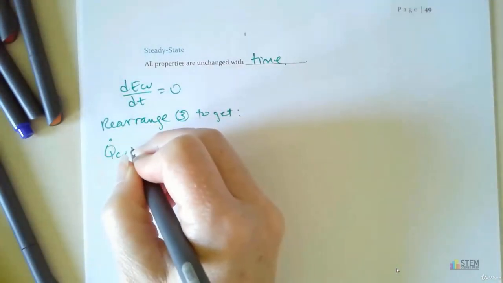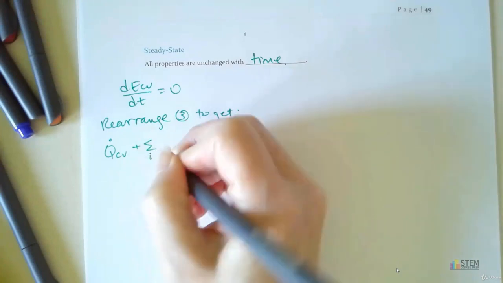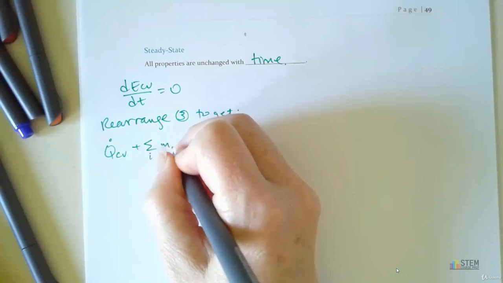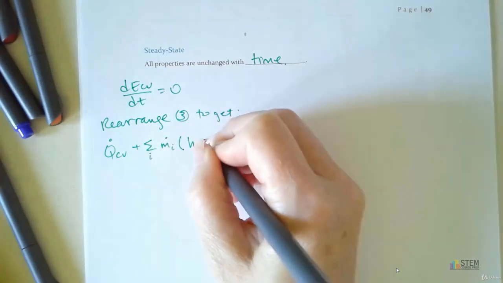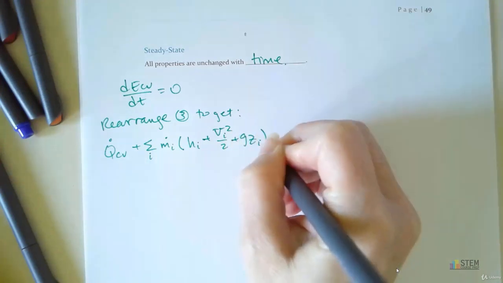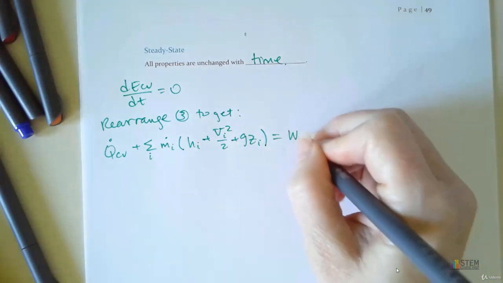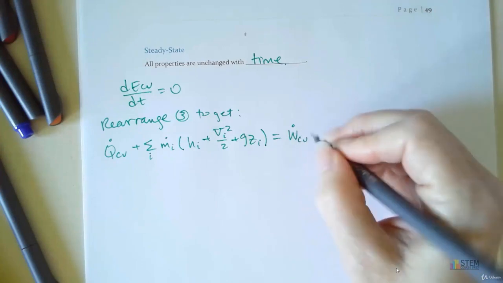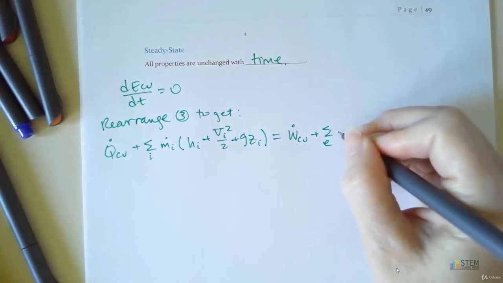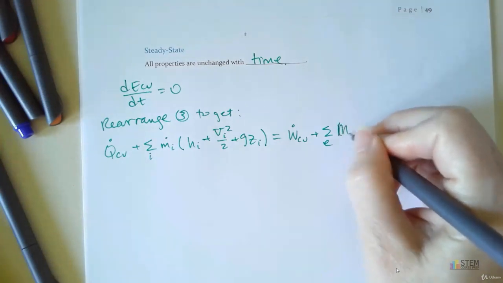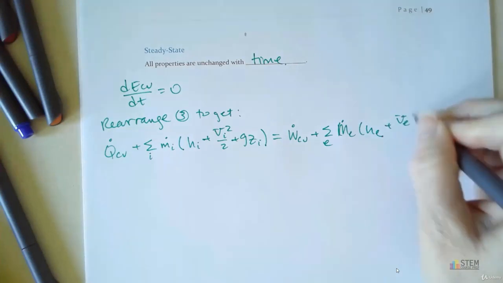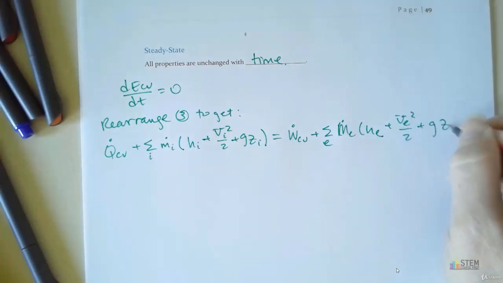So we'll have Q_CV dot plus, let's put the inlets over here, the sum over all the inlets of m_i dot times h_i plus V_i squared over 2 plus g z_i. That's going to equal W_CV dot plus the summation over all the exits of m_e dot times h_e plus V_e squared over 2 plus g z_e.